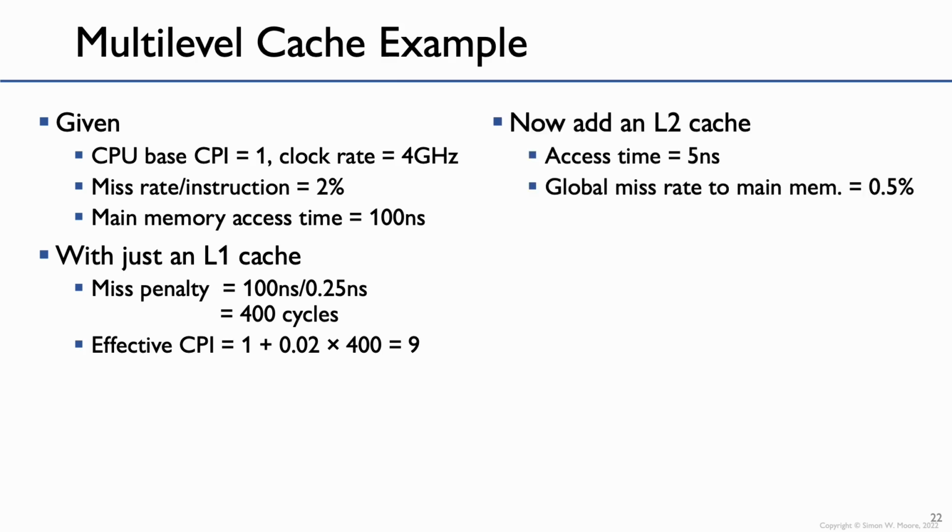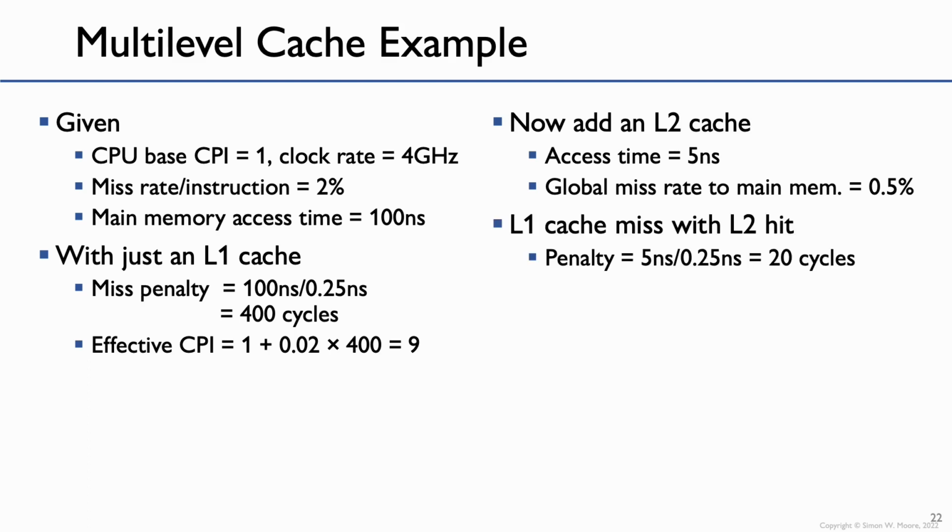So let's add an L2 cache with an access time of 5 nanoseconds and a global miss rate to main memory of 0.5%. So the L1 cache miss with an L2 hit is 20 clock cycles. It's a 5 nanosecond access time, and at a 4 gigahertz clock that means 5 nanoseconds is 20 clock cycles.